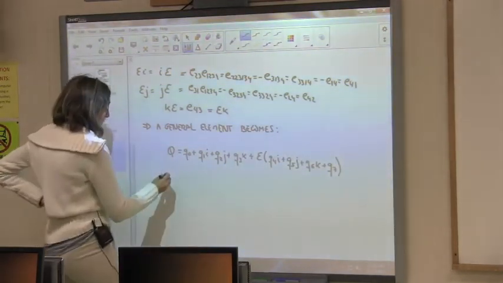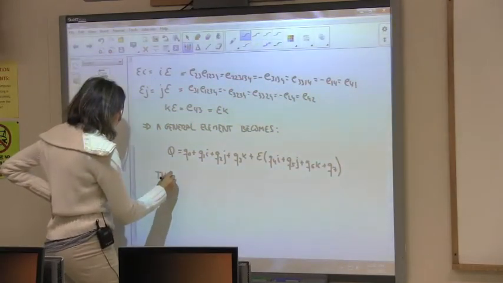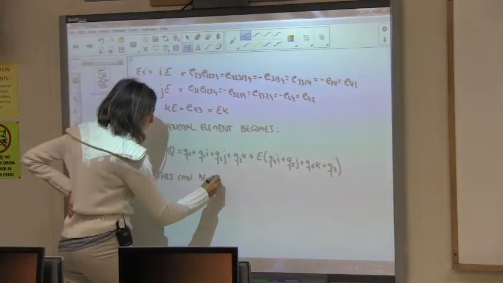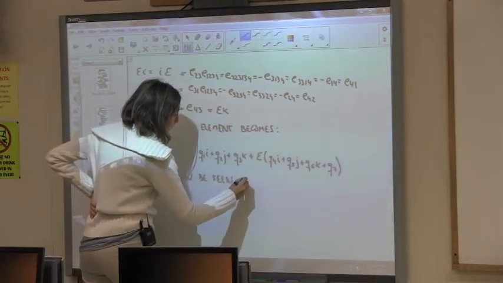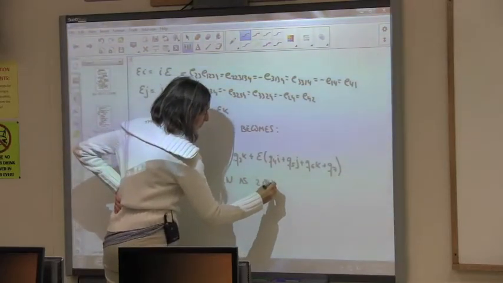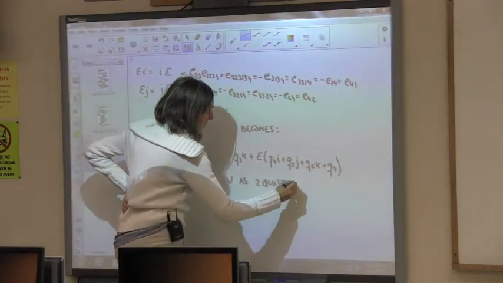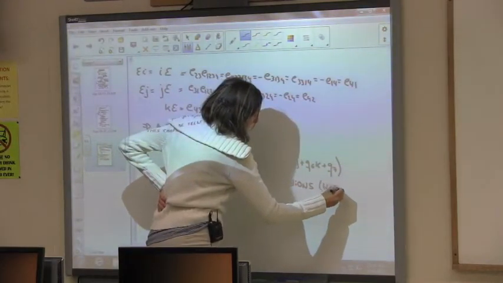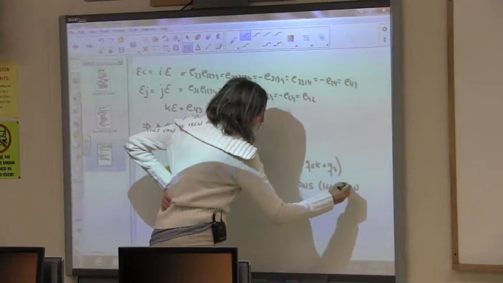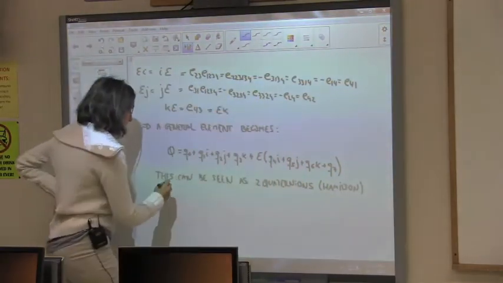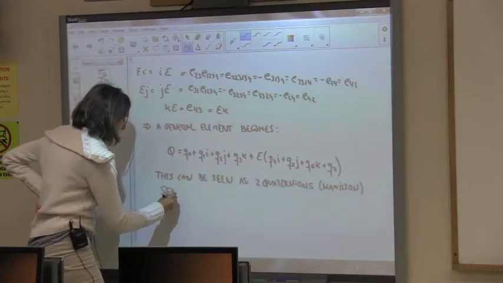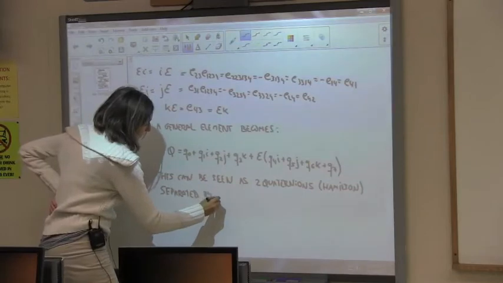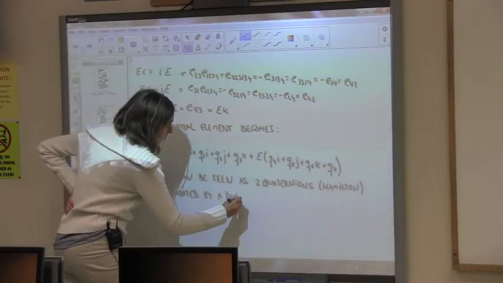So this can be seen as two Hamilton quaternions separated by a dual unit.